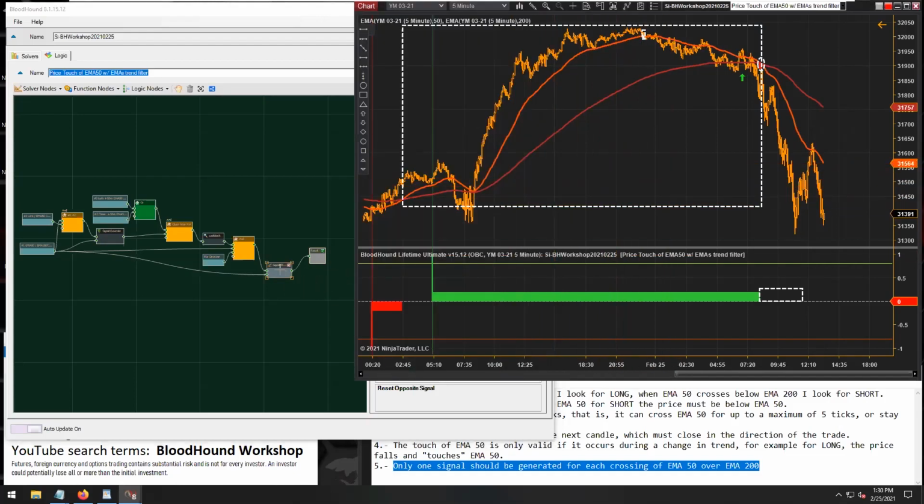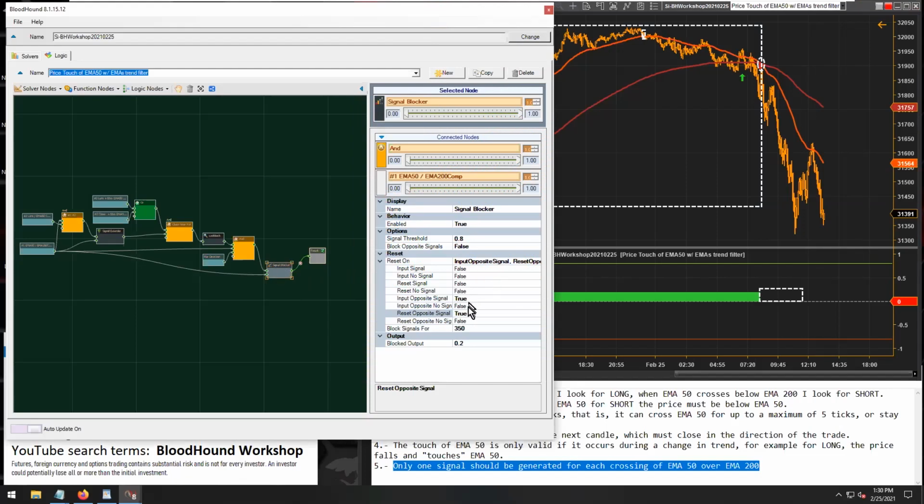Although, you know what? With this system, this is probably not very CPU intensive. But if you are worried about the amount of processing power, sometimes if you start using a lot of signal blockers, that can start requiring a lot of processing power, because you have this really long look back period, right?